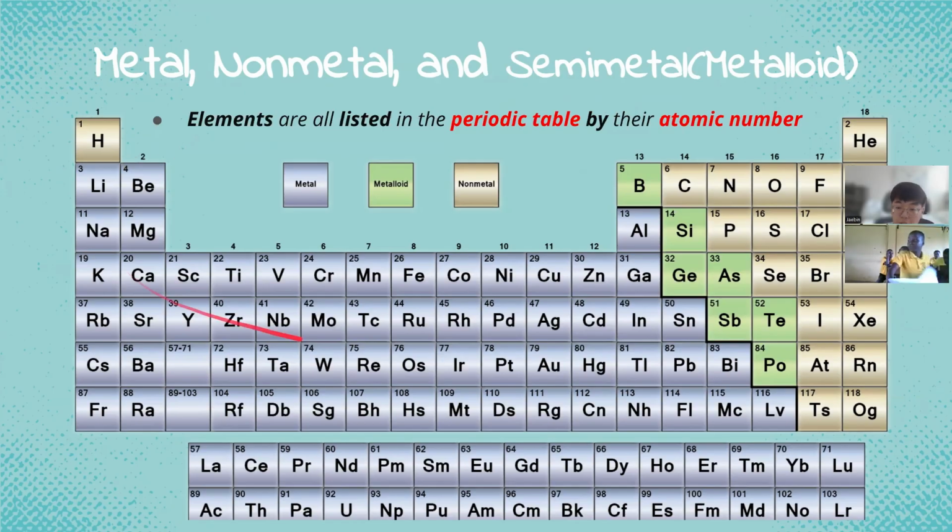We can see that the metals are on the left side of the periodic table, except hydrogen, which is a nonmetal. But nonmetals are usually on the right side of the periodic table. And then in the middle of the metals and the nonmetals, there are metalloids, which are between over here.